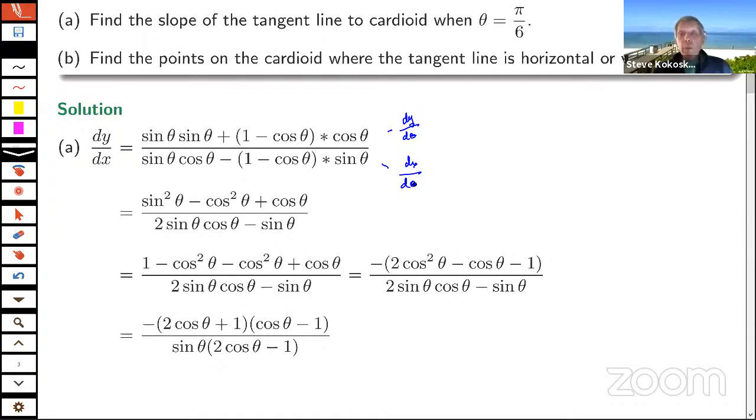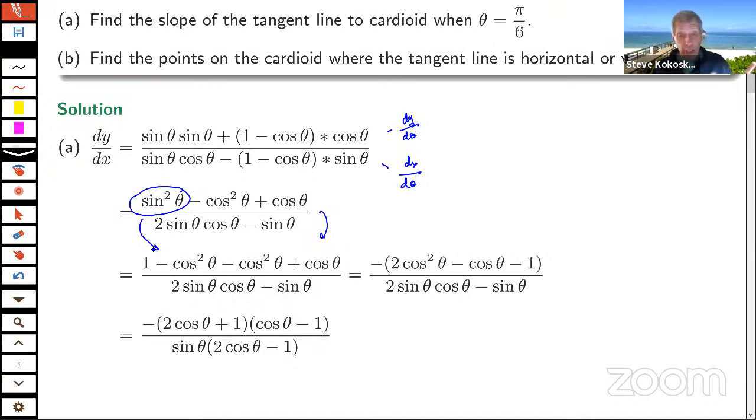All right, so up in the numerator, I've got dy d theta. In the denominator, I've got dx d theta, and I multiplied through, and I'm doing a little bit of simplifying. Now, what I did from this step to this step looks a little funny here, but what I'm trying to do is to get everything in terms of either all sines or all cosines. And what I did is I simply used the trig identity to replace sine squared with 1 minus cosine squared.